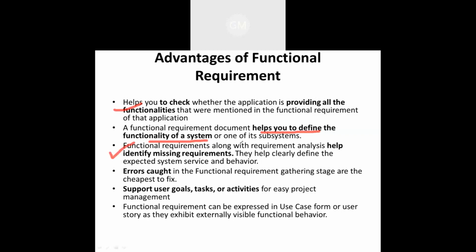With the help of functional requirements, it is easy to spot errors, and if these functional requirements are gathered in the earlier stage, it becomes cheap. Otherwise, it becomes costly to fix the caught error. Now, the next advantage is that it is going to support user goals, tasks and activities easily in project management systems if functional requirements are clearly specified by the end user.